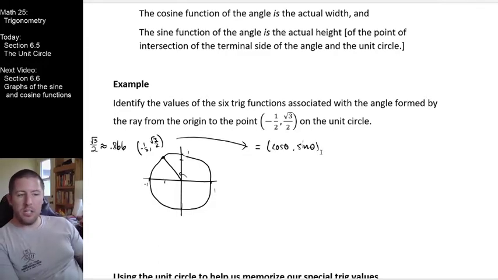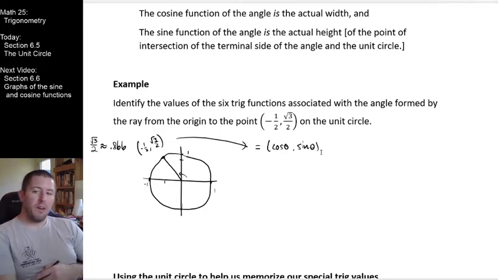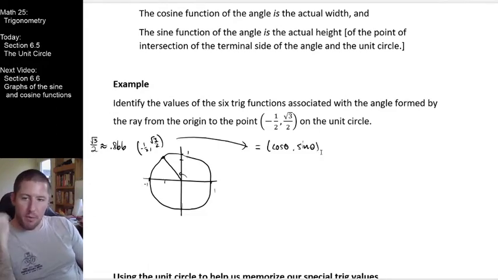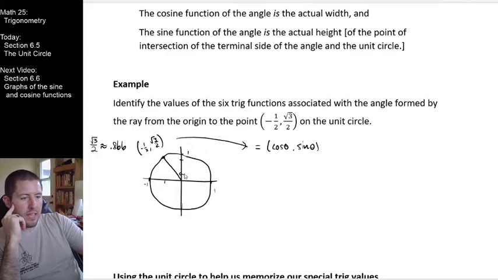That's literally how we just defined these values a moment ago: a location on the unit circle is equal to the outputs from the cosine function and the sine function when you evaluate them on the angle that you required to get to that point. So we rotated through this angle, we landed at this point. Therefore, the width is -1/2. That is the value of cosine. So I can say things like, and I'm just going to do these in the order I normally write them, sine of theta must be root 3 over 2.